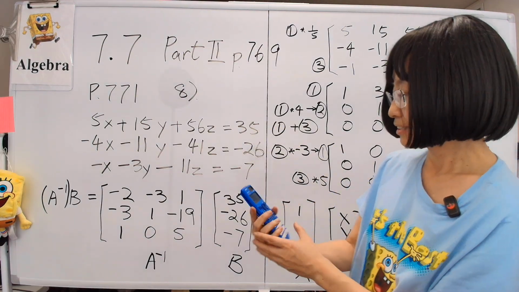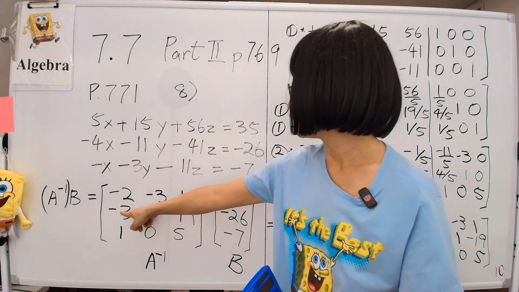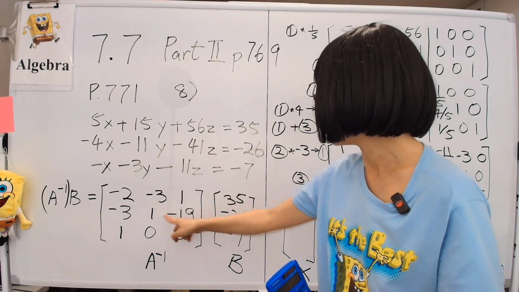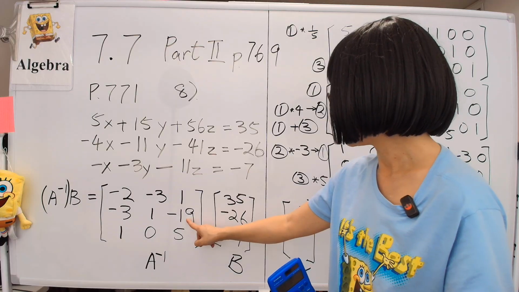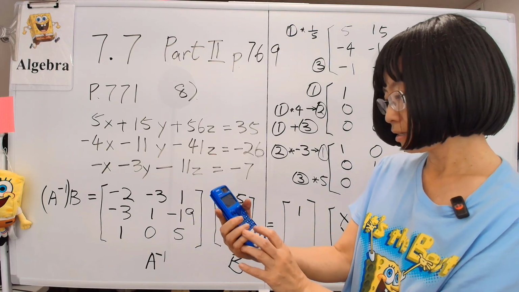And so the next thing, I'll take minus 3 times 35 plus 1 times negative 26 plus negative 19 times negative 7. So let's do that.